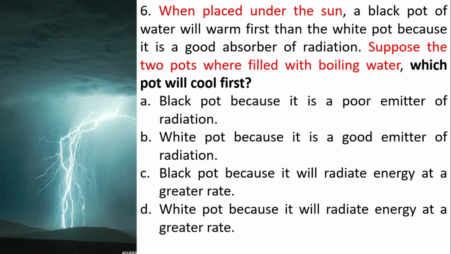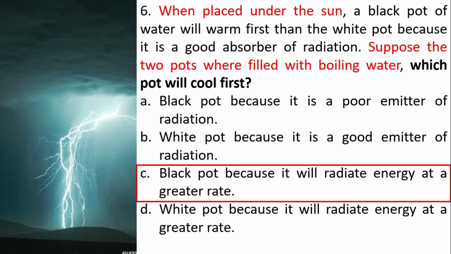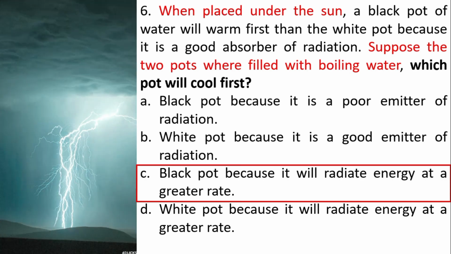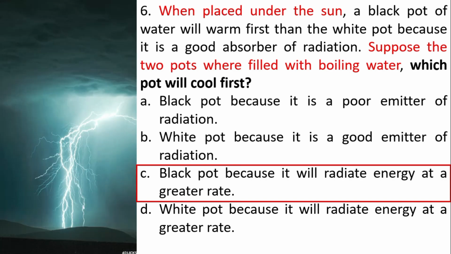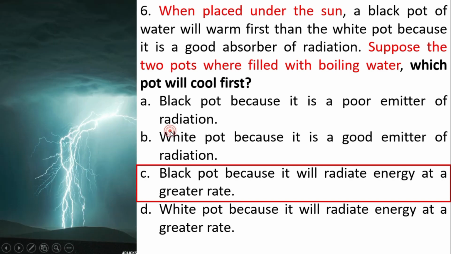So, the best answer here is letter C, black pot, because it will radiate energy at a greater rate. If it is a good absorber of radiation, it is a good absorber of temperature, and when it is a good absorber of temperature, it radiates energy at a greater rate. So, it gives off energy at a greater rate compared to materials that are not really good at absorbing radiation. Okay? So, letter C is the best answer.